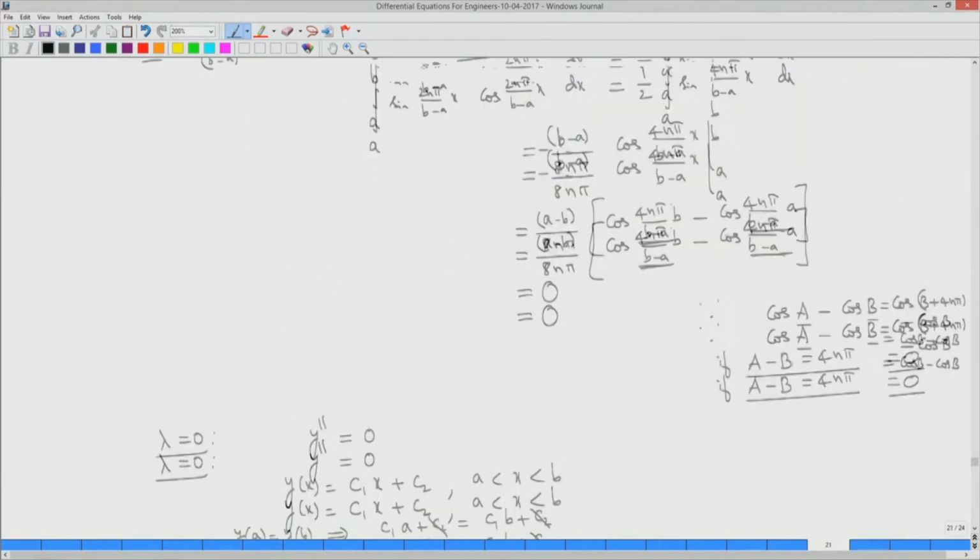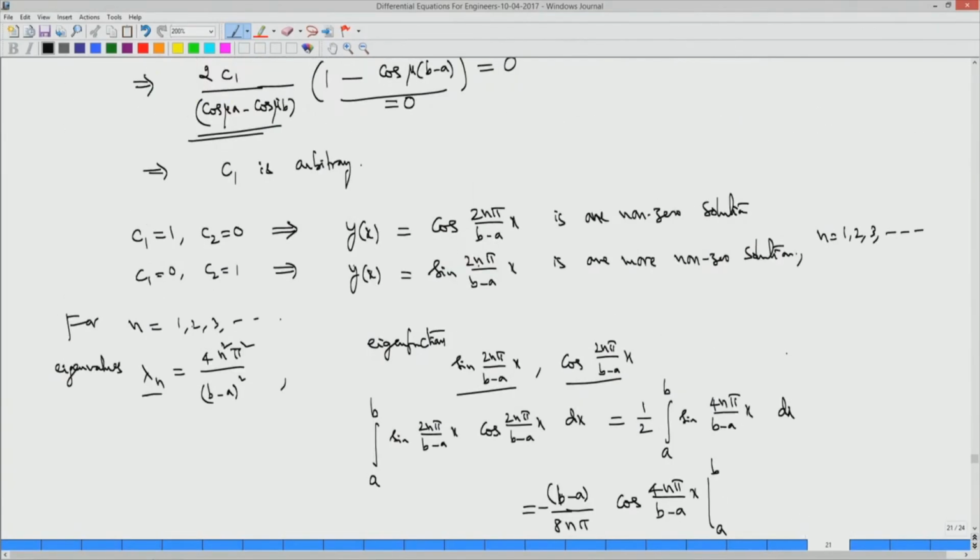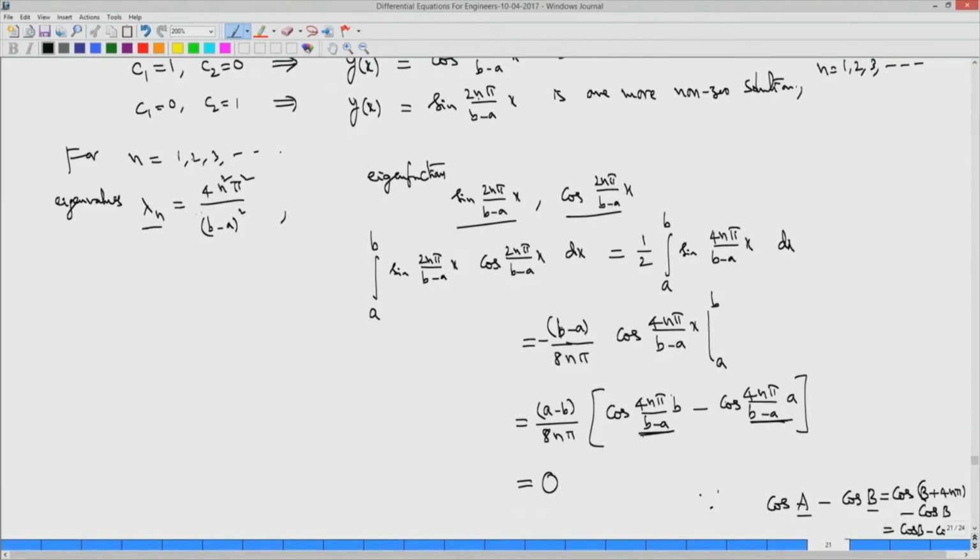So this is simply a constant, which you can see from the earlier case when lambda n is equal to 4 n square pi square by (b minus a) whole square. When I put n equal to 0, if I include 0 here, lambda is 0, that is the second case. What happens to the eigenfunctions?